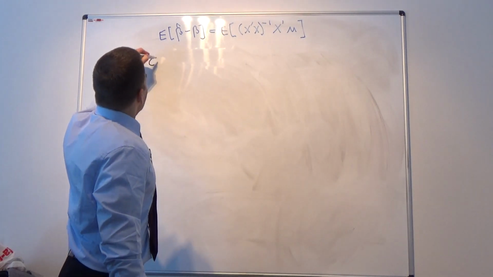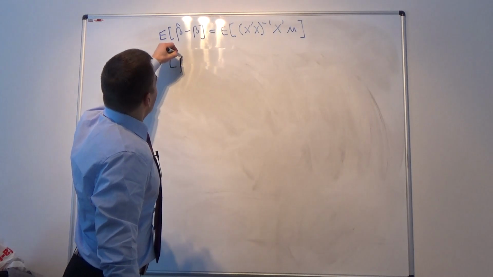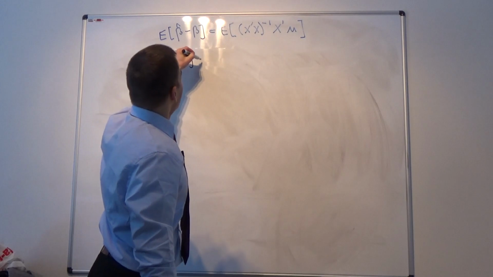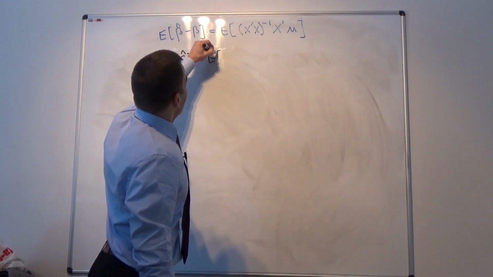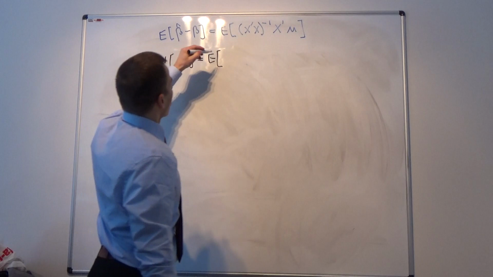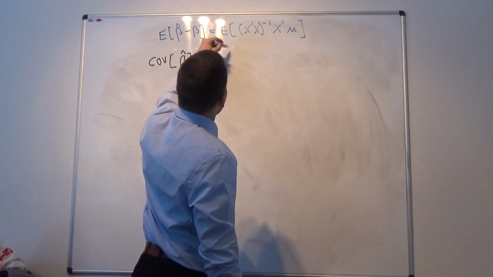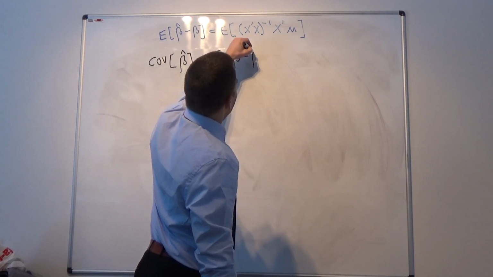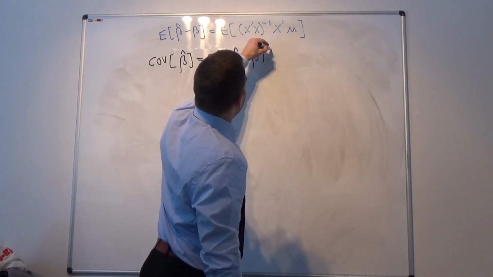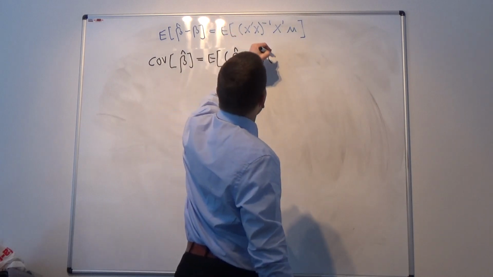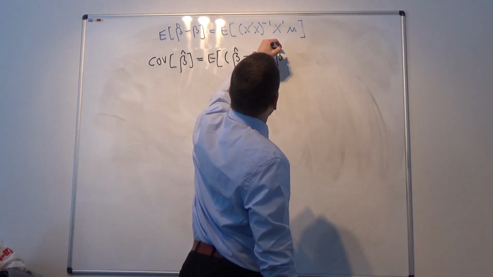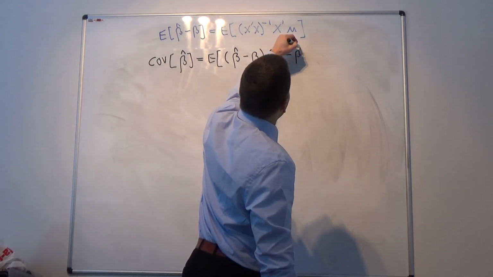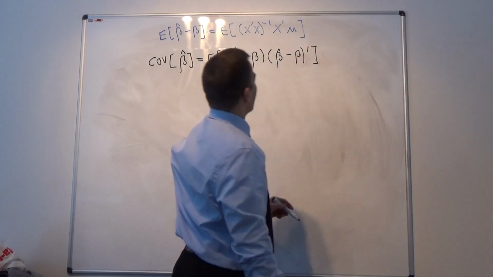So the covariance of beta hat is obviously defined as the expectation of beta hat minus beta times beta hat minus beta transposed.